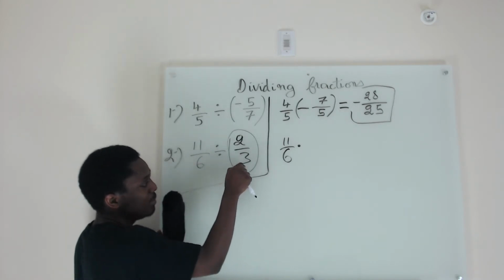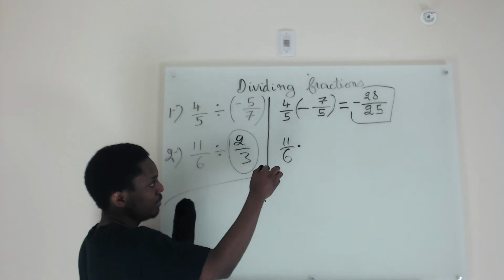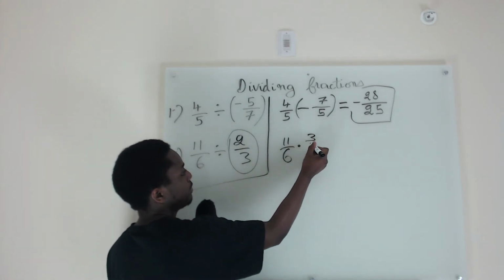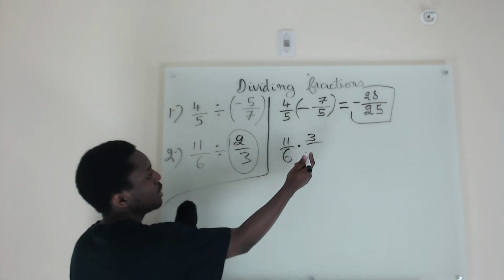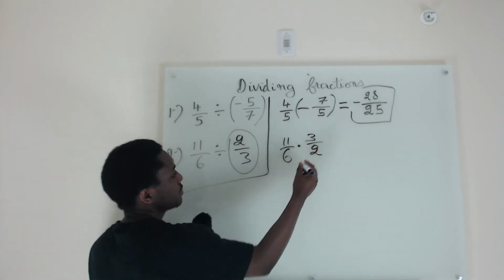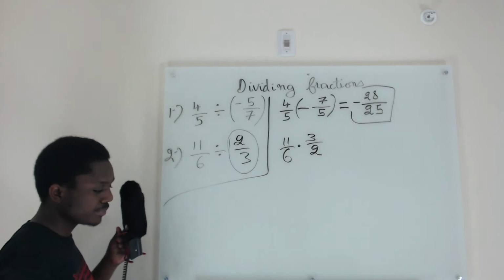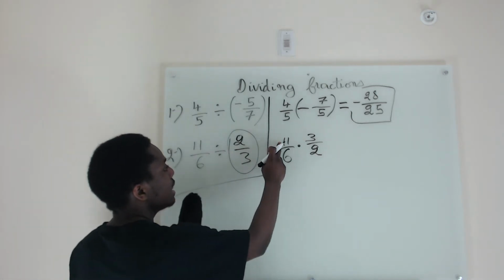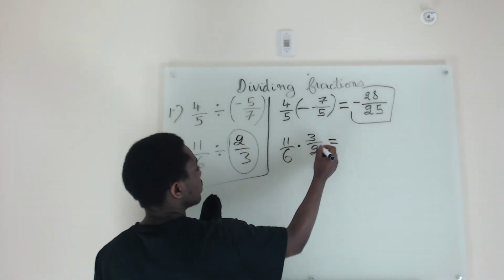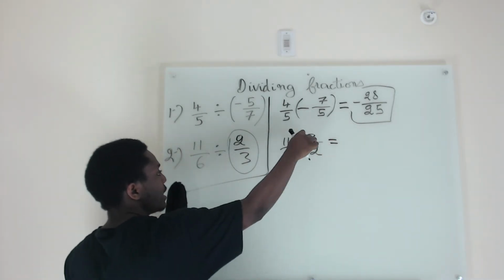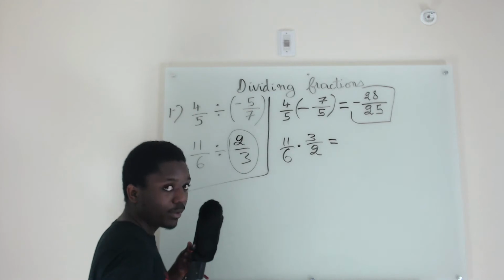Flipping this fraction, we take the bottom, we put it on the top, like this, and we take the top and we put it on the bottom. So now we have two fractions that are multiplied together. We just have to multiply the top and then multiply the bottom.